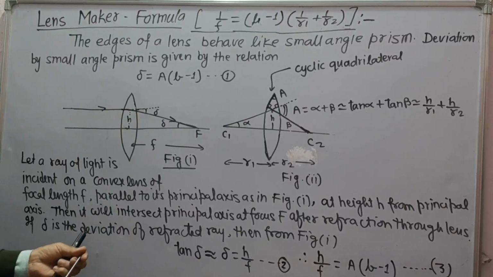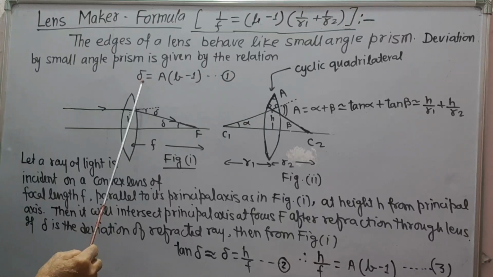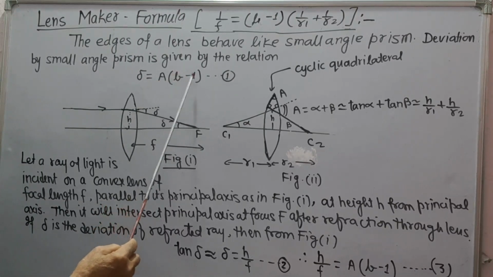For a thin lens, the edges of a thin lens behave as a small angle prism, and therefore, if this is a thin lens and A is the angle of small angle prism at this edge, then the deviation will be given by delta is equal to A into mu minus 1. Suppose this is equation 1.